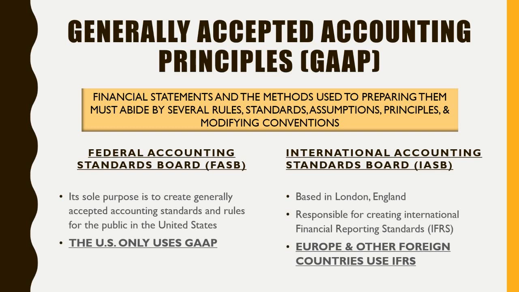If you go overseas, where you're going into European countries, they have a whole set of different rules, including other foreign countries such as Asia, Africa, and also South America. They also use completely different accounting principles, and those accounting principles are called the IFRS, the International Financial Reporting Standards.